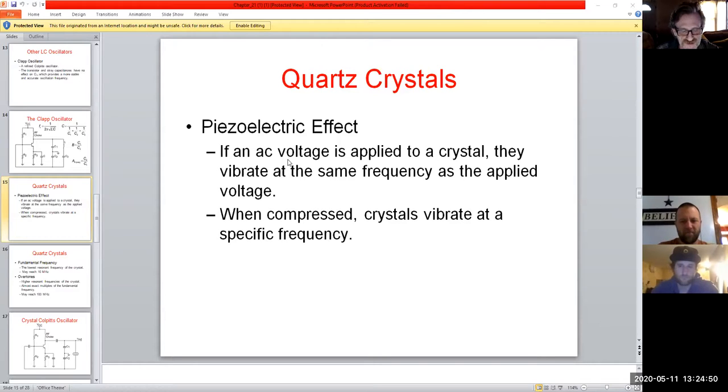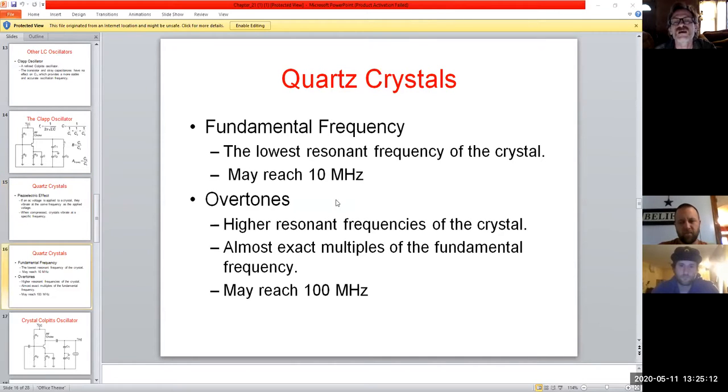Very simple, very cheap, very easy. I don't have to set up much in the way of circuitry or anything like that. I just get to use this quartz crystal. Yeah, and that's a piezoelectric effect. So if you apply an energy to a crystal, it will vibrate at a given frequency. So we like to use them.